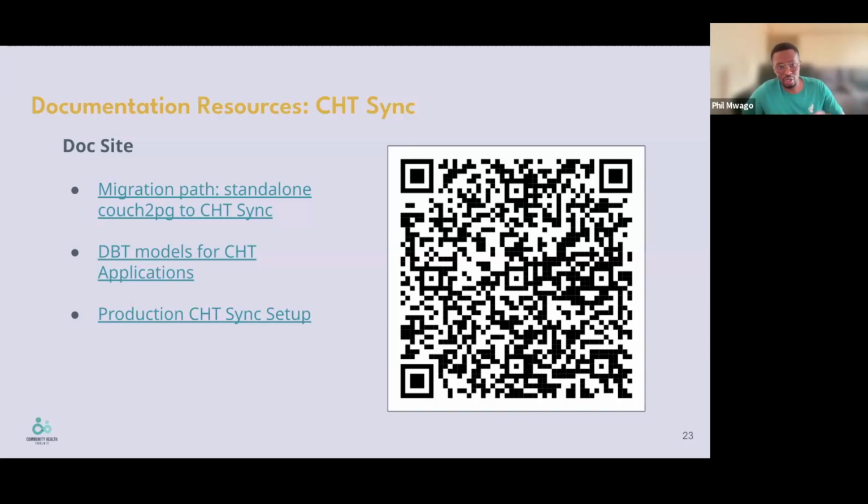That's from the standalone Couch2PG to CHT Sync, and then as I mentioned, there is a modeling of data there based on dbt to make it queryable. So we have resources on that, and also production setup on the same. So that's some of the links that we have. There are some of the resources that we've provided, and there are more in there, including testing and a couple more resources. So that's it. I'm happy to respond to any questions.